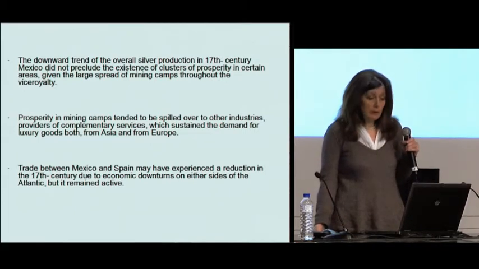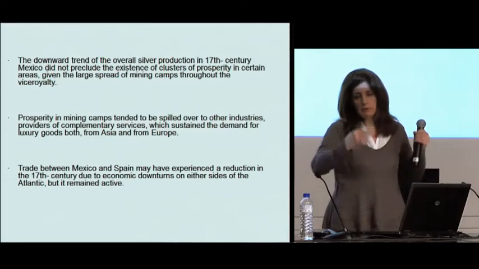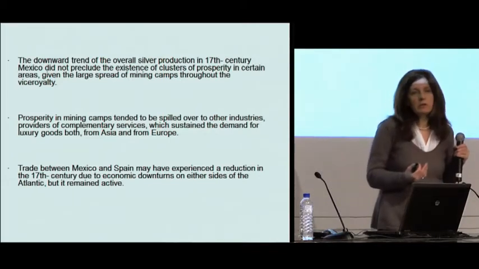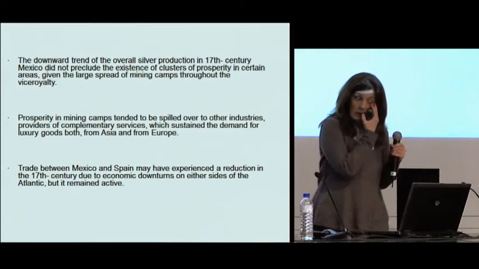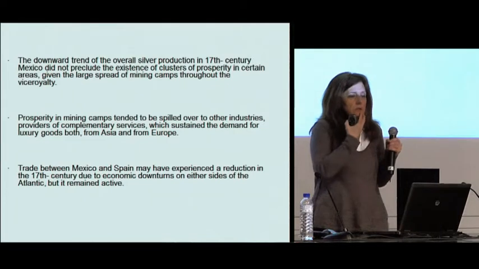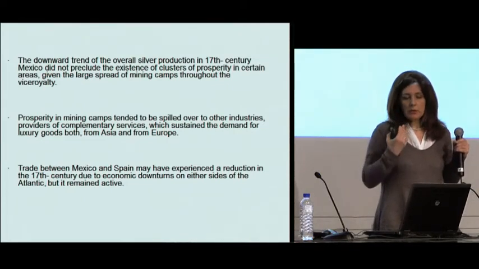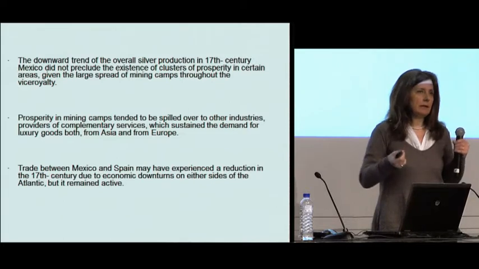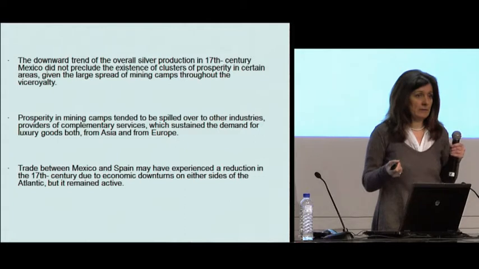There were also spillover effects. The prosperity in certain mines spilled over to other industries that provided complementary services to the mining sector. That also triggered trade, because there was still a demand for Spanish goods throughout that time.